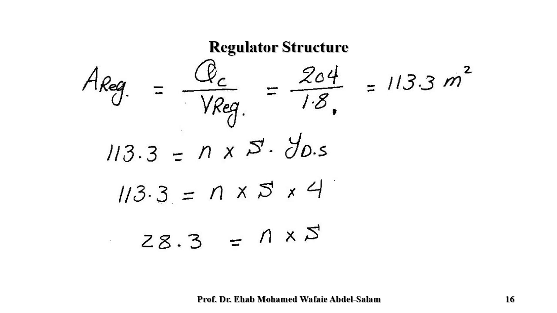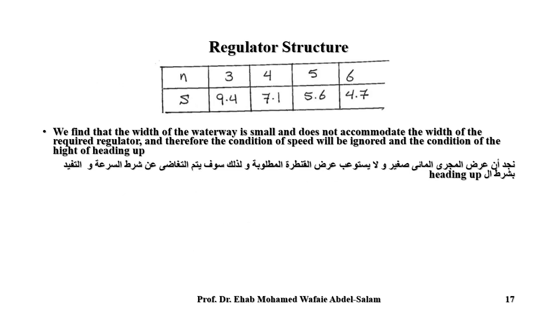Q canal over V regulator. We calculate N and S in table. If N is 3, S equals 9.4. If N is 4, S equals 7.1, and so on.